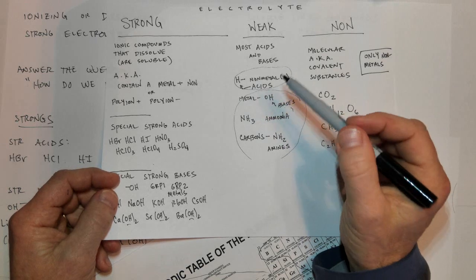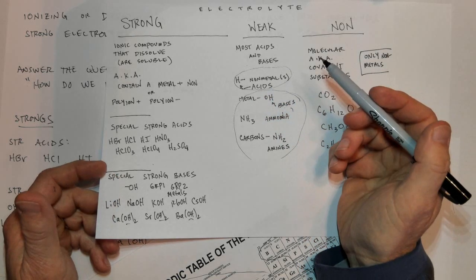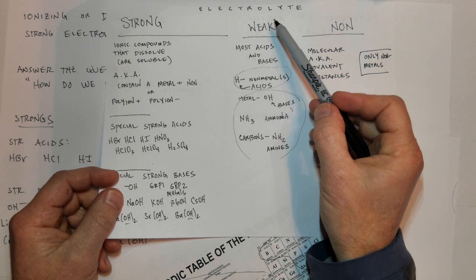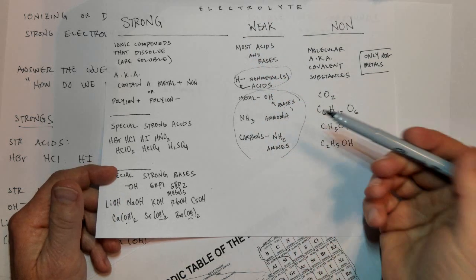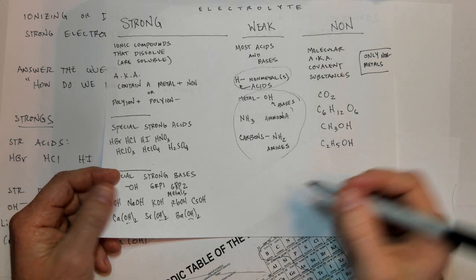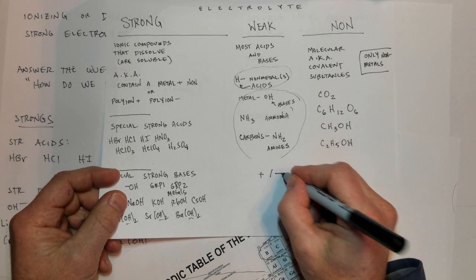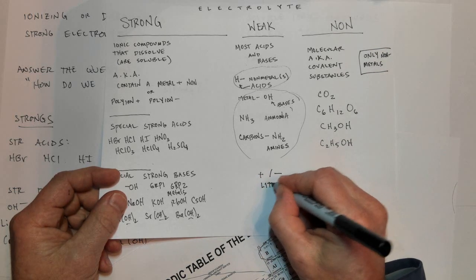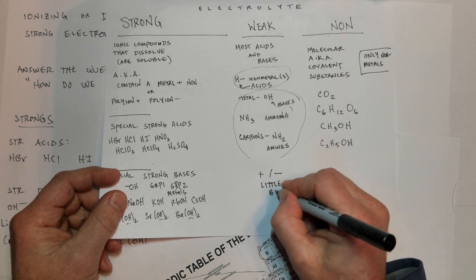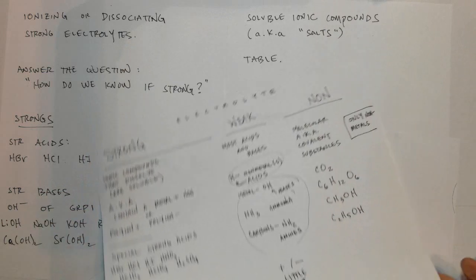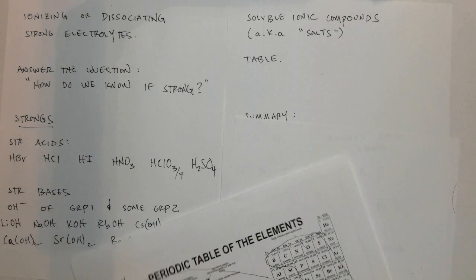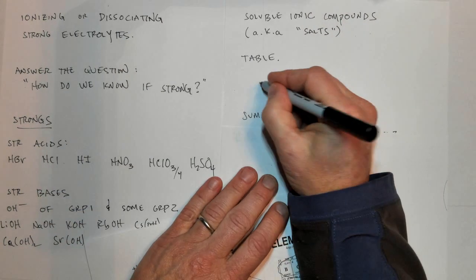It means that they are soluble, yes, they dissolve in water, but they're only weak electrolytes, meaning that they only sort of break up into positive and negative ions. Only a little bit, and so they only conduct a little bit. And so keep those words separate in your mind.